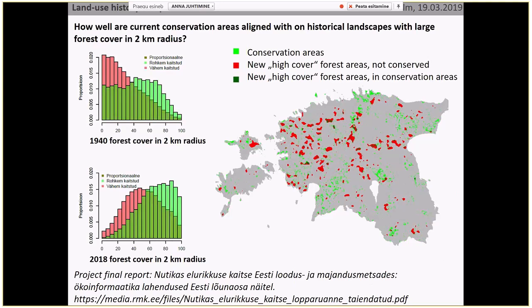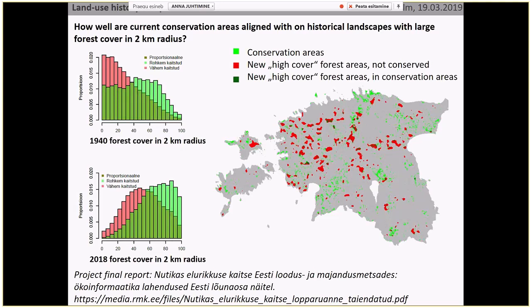And we saw that most of the current conservation areas focus exactly on regions that had very high forest cover in a 2-kilometer radius. But even more, they focus on the areas that currently have high forest cover in a 2-kilometer radius, which is logical as well, because you wouldn't place a conservation area focusing on forest in places that are very little forested.